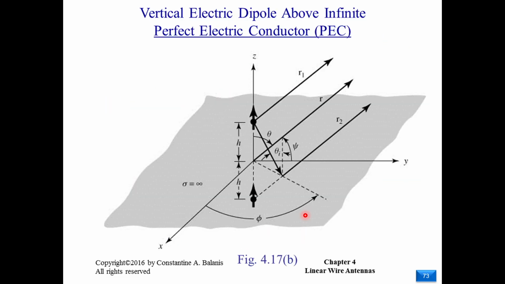So if R is much larger than h, then we can do this approximation. We can approximate the three vectors, from actual source to observation, from imaginary source to observation, and from origin to observation, to be parallel, so the same theta, and of course they still have different lengths R1, R, and R2.